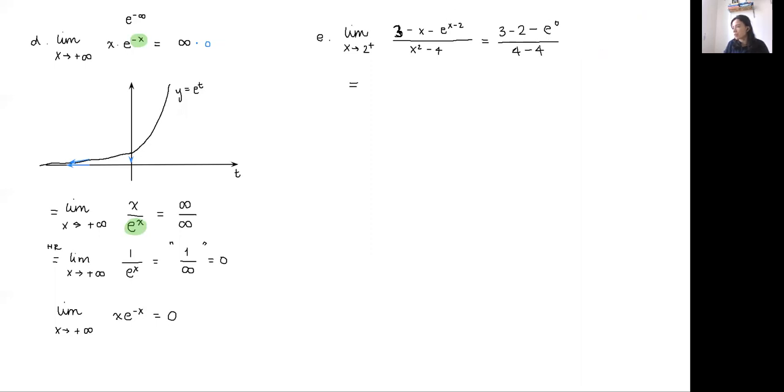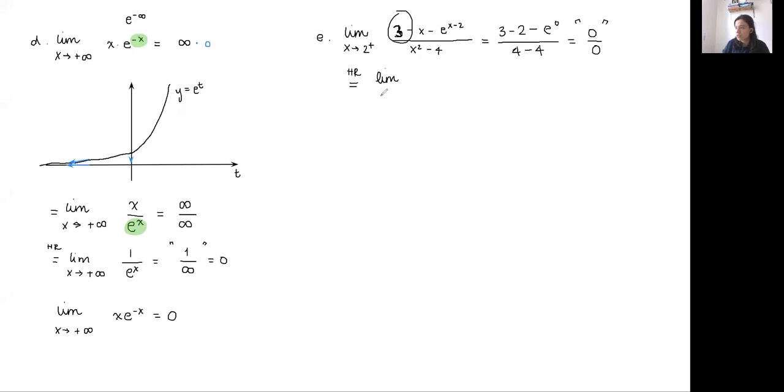Which means this is 0 over 0. With the corrected problem, remember, just change the value of this one. Then I'm going to have 0 over 0, which means I can't evaluate this right away. I need to use L'Hopital's rule.